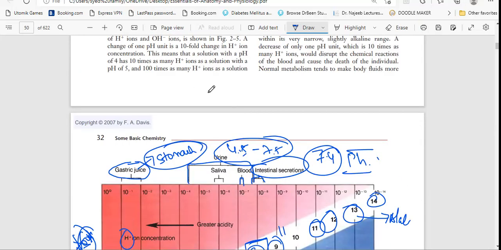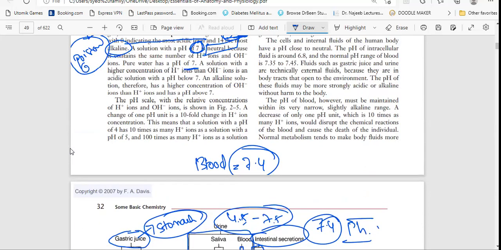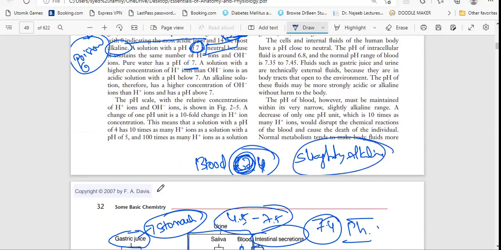We have to remember our blood pH level is 7.4. If the pH level is maintained in the body, 7 is the middle, but 0.4 is extra, so our blood pH is slightly alkaline in nature.